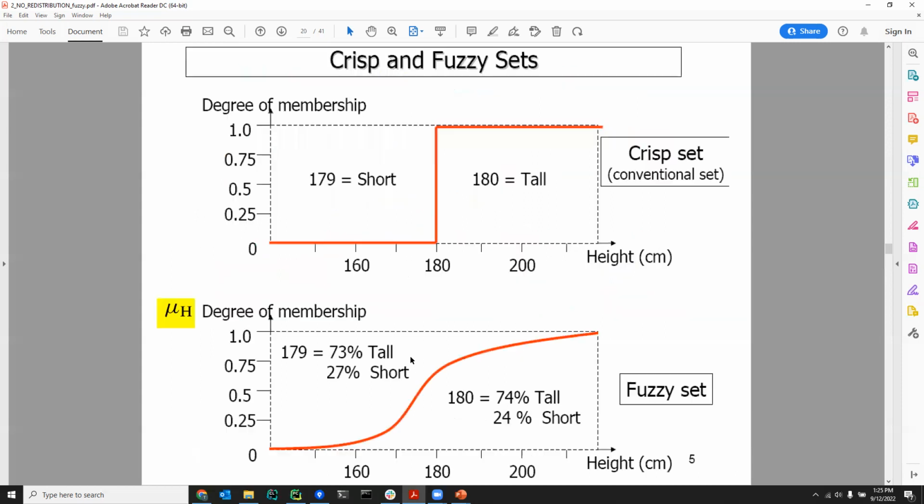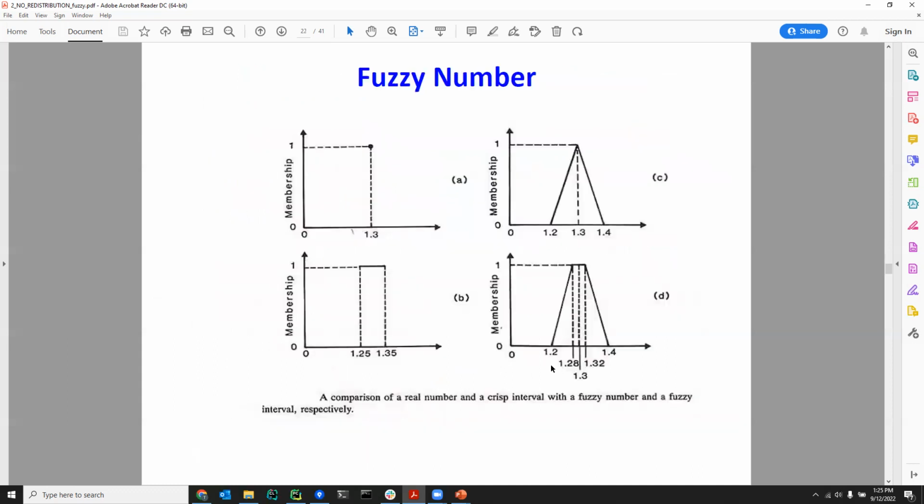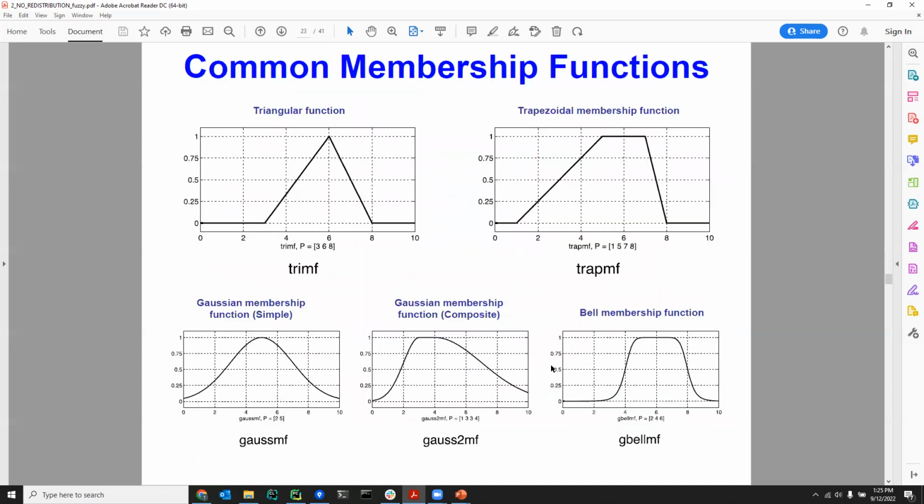And so in this case, if X was equal to 180, so that would be our input value X, mu of tall, so mu sub tall would be 74% or 0.74. So that nomenclature is how you would represent that. You'll see this in a lot of the literature and also maybe some of the documentation that we use throughout the competition. I'm going to go ahead and skip over this.